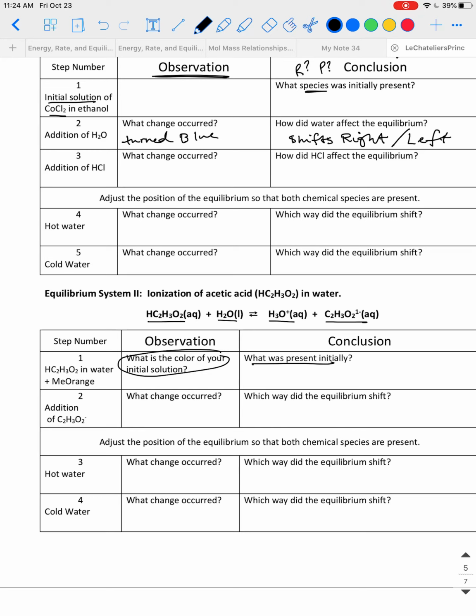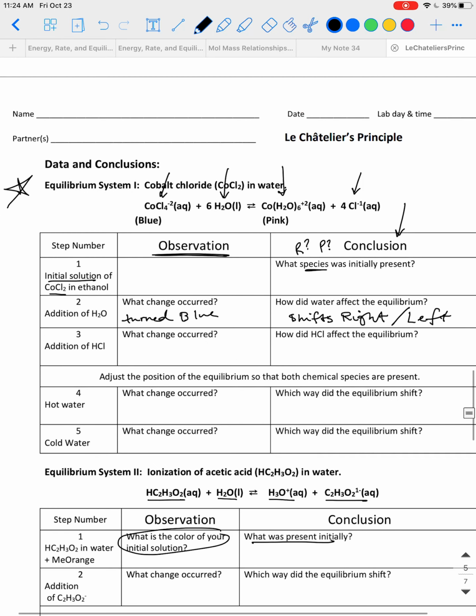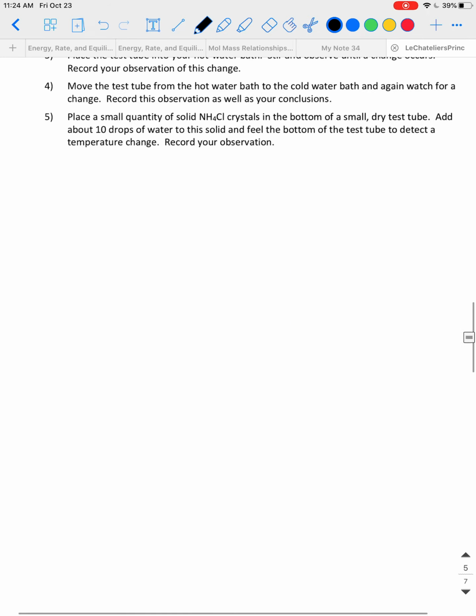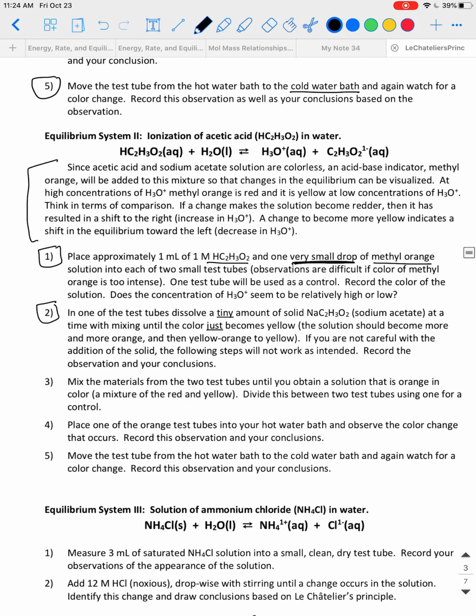They might be more like soft yellow to pink, okay? But you get the picture. If it's turning towards the red color, then equilibrium is shifting to the right. If it is turning towards the yellow color, equilibrium is shifting to the left. And then same idea with the blue and pink, okay? If it turns blue, equilibrium is shifting to the left. If it turns pink, equilibrium is shifting towards the products or to the right, okay?